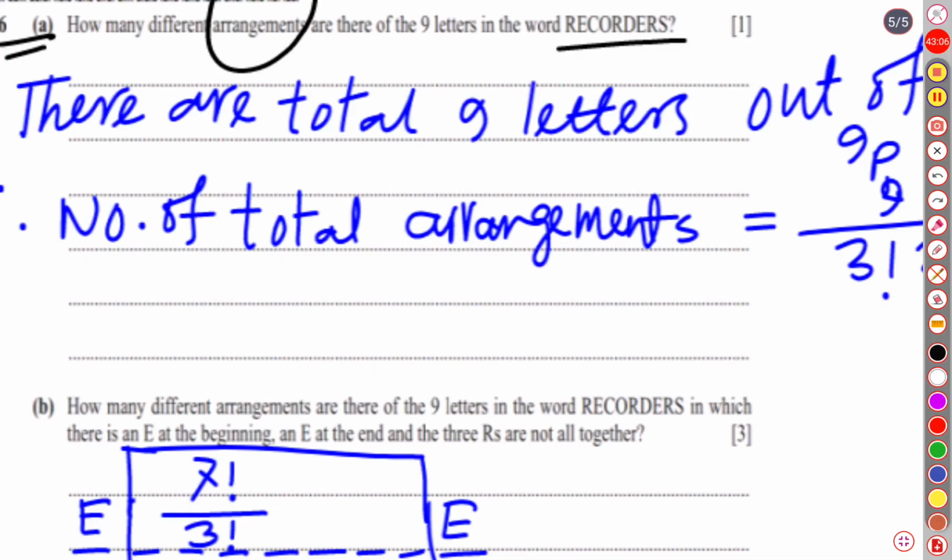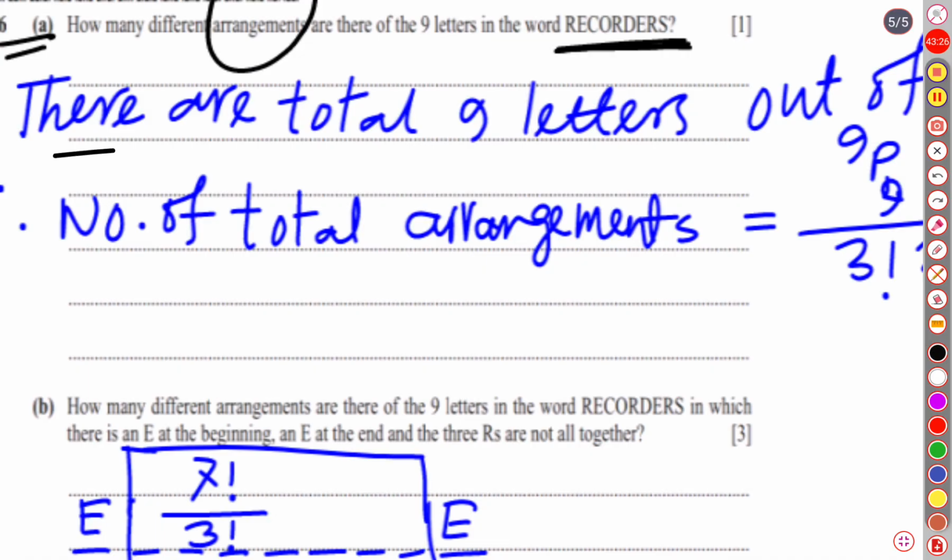Actually, there are some identical letters. Remember, in case of digits, there mostly cannot be identical ones, but in a word we may find identical letters. In case of identical letters, the number of identical letters will divide the whole arrangements.